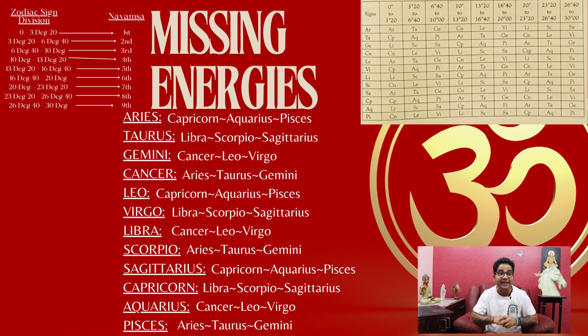Now when we talk about the air signs, which are Gemini, Libra and Aquarius, this could be your moon sign, this could be your ascendant. You might be running the Mahadasha of a planet which is placed in these air signs. So what is it lacking? It is lacking the spark of Cancer, which has to do with nurturing, having that emotional, intuitive side in your personality as well.